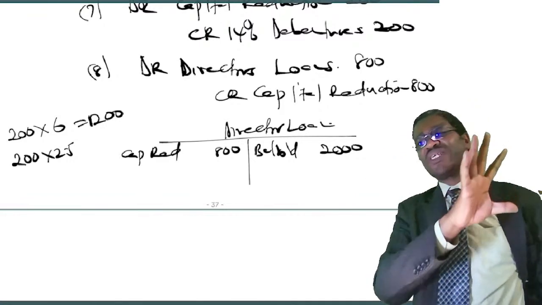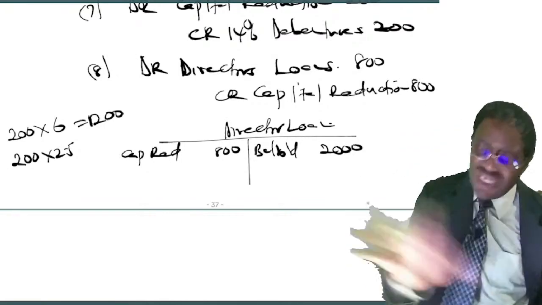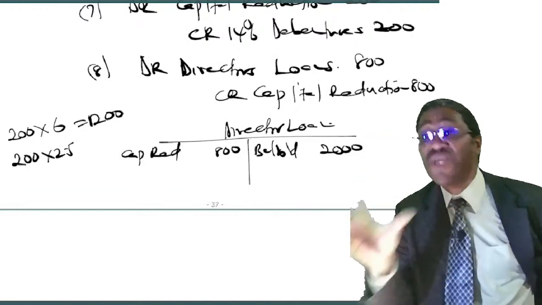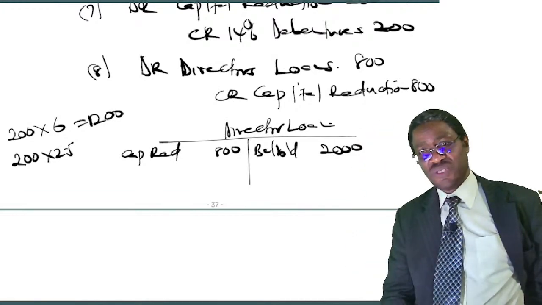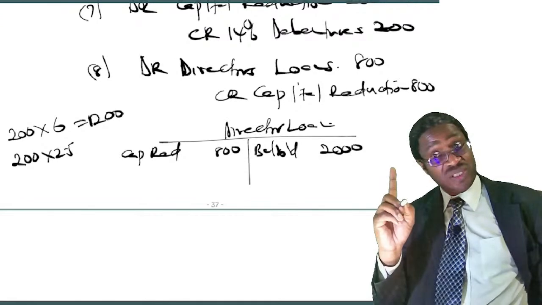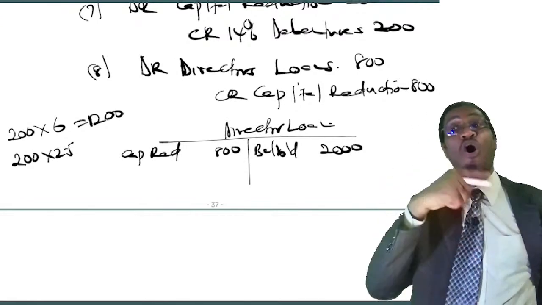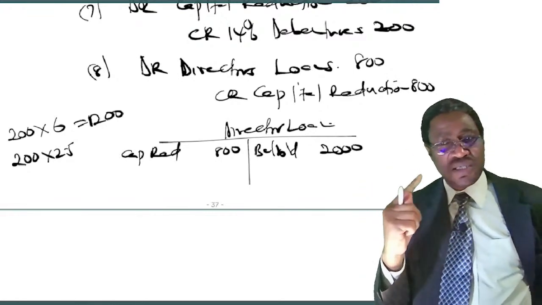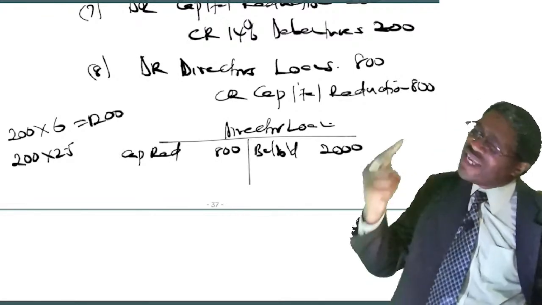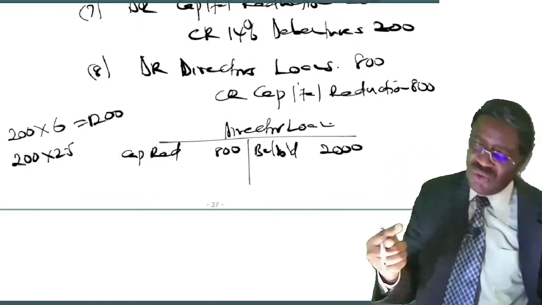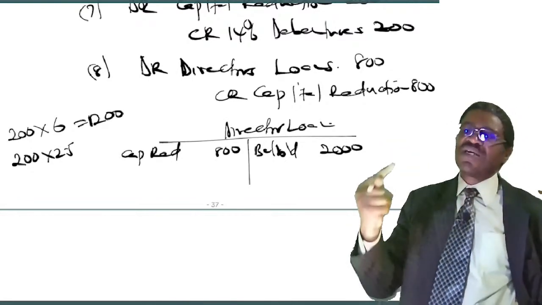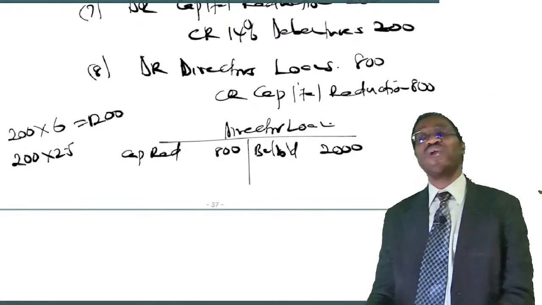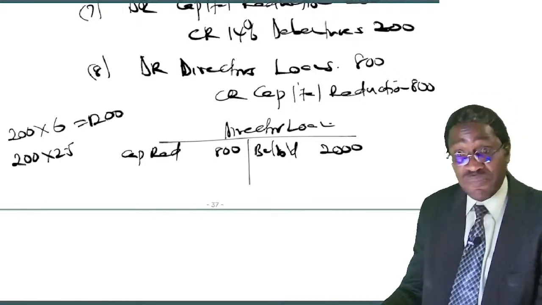Whether you're issuing the shares at a premium or at a discount, you take to the share capital the nominal value. So here we are issuing 200,000 shares of 2.5 at 6 bob. Meaning the examiner wanted you to know that we are issuing these shares at a higher value, more than the par value, meaning we are issuing them at a premium.